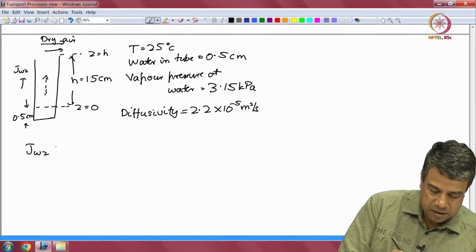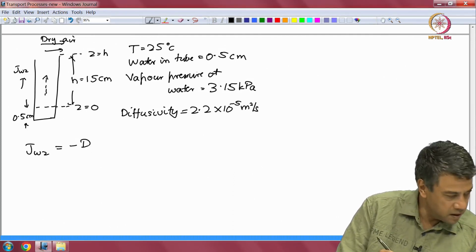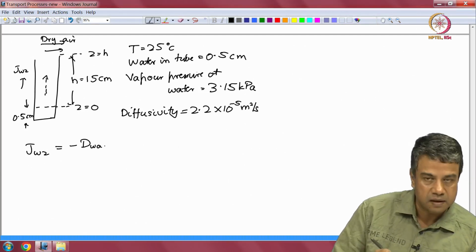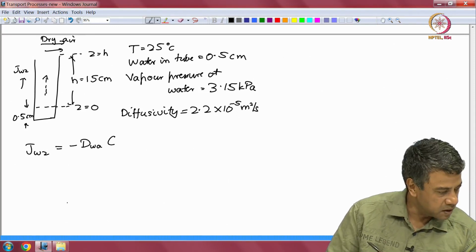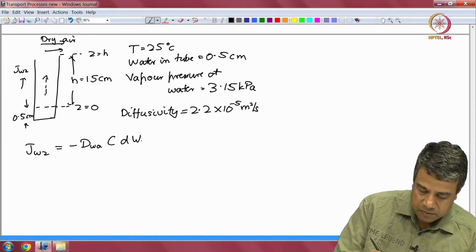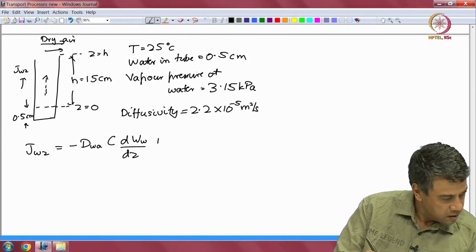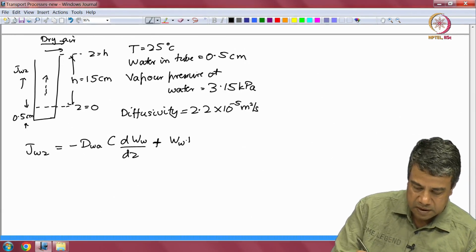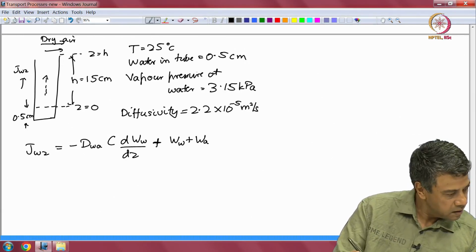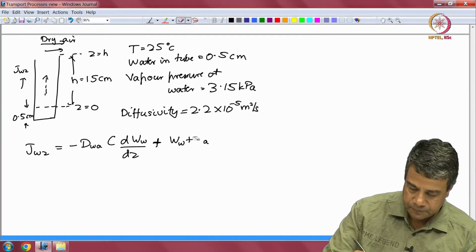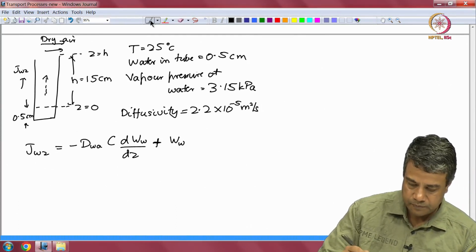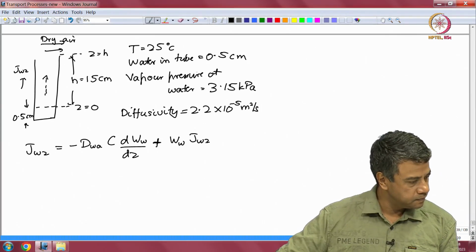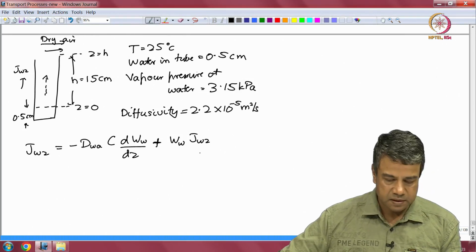J W Z, the expression that we had, is minus D, the water-air diffusion coefficient, times the molar concentration times d of the mole fraction of water by dz, plus the mole fraction of water times J A Z, where C is the total concentration.